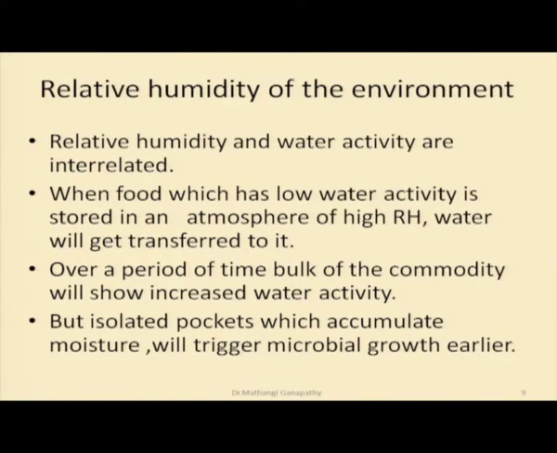So, over a period of time, the bulk of the grain or the food with the low water activity will absorb the moisture from the humid environment and slowly show an increase in the water activity. But within that bulk, there would be isolated pockets where you will have high water activity at a higher rate, and higher water activity automatically triggers microbial growth.